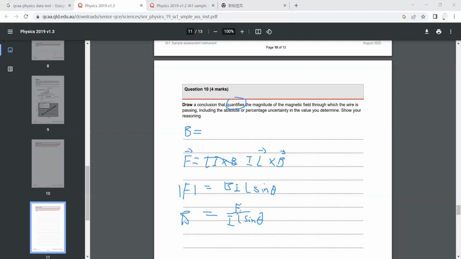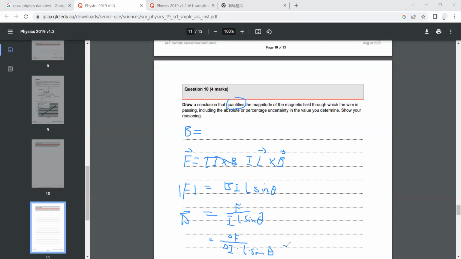And here, the very important concept is that F divided by I refers to the change of F over the change of I, times L sine theta.